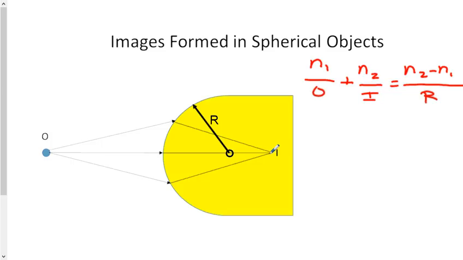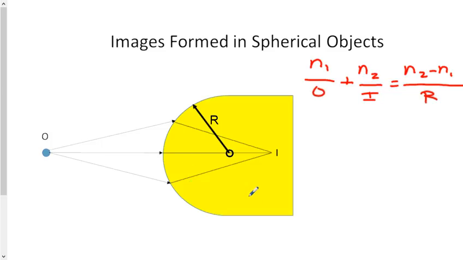So your object distance is the distance from your object to the edge of that spherical object. Your image distance is the distance from that edge to where your image is actually formed. And your radius of curvature is from the center of your object's curvature to that edge that is curved.